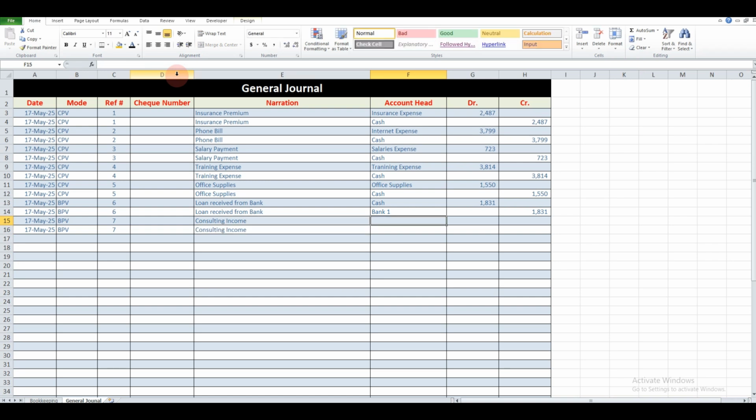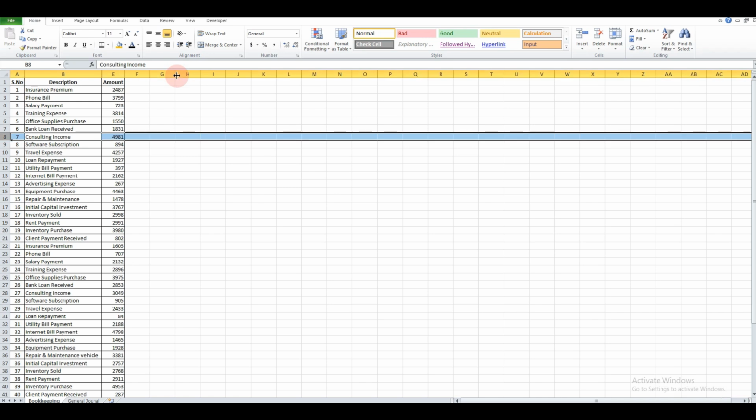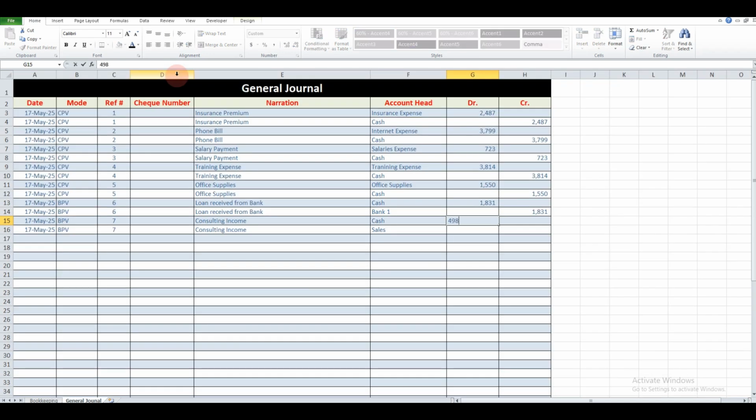So cash debit, sales credit. The amount is 4981.